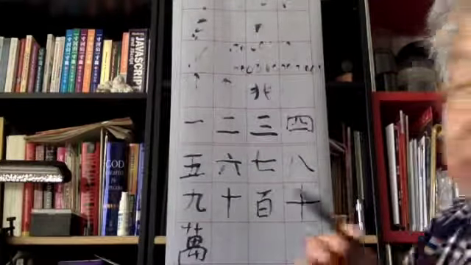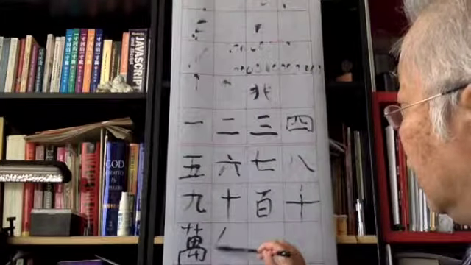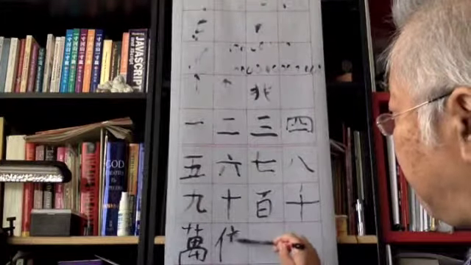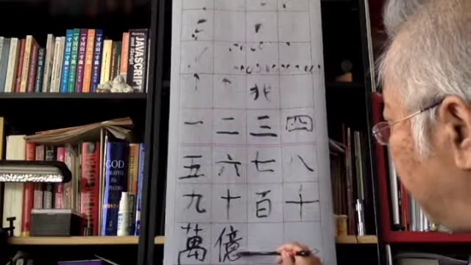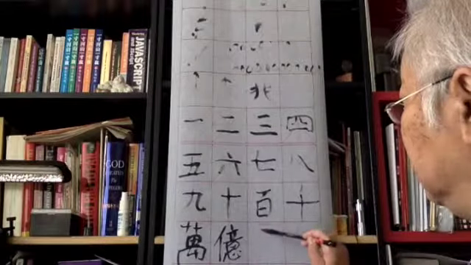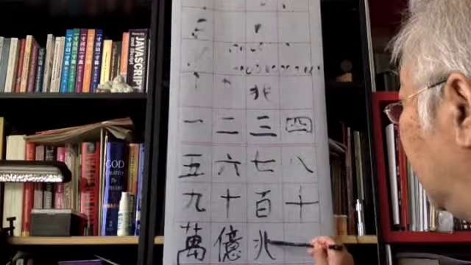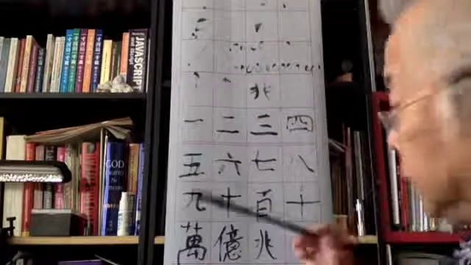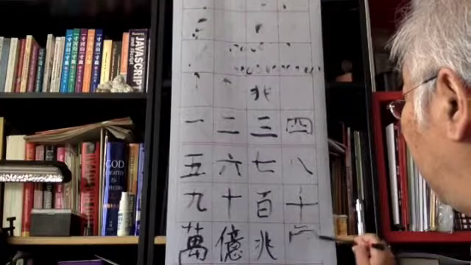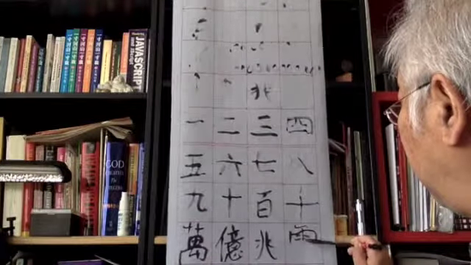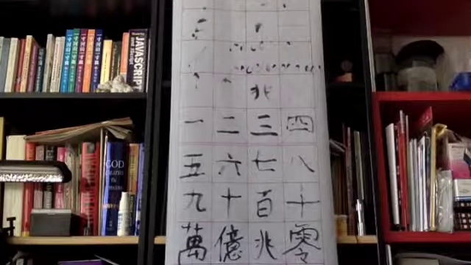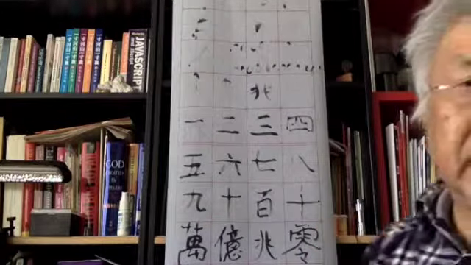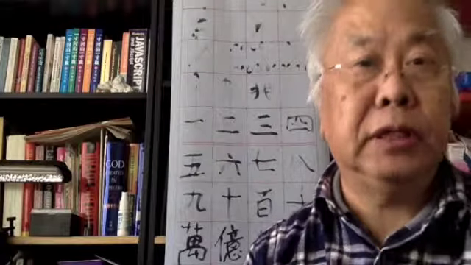After 10,000, we have this huge number. And then this one. And finally, we have the 0 as well. So altogether, 16 words.